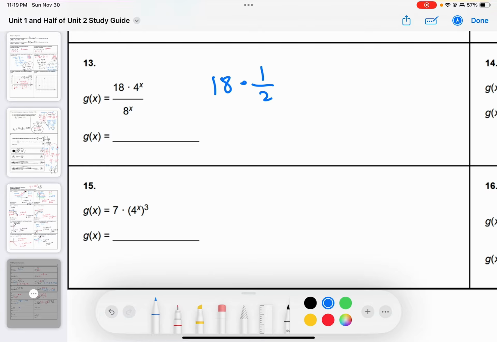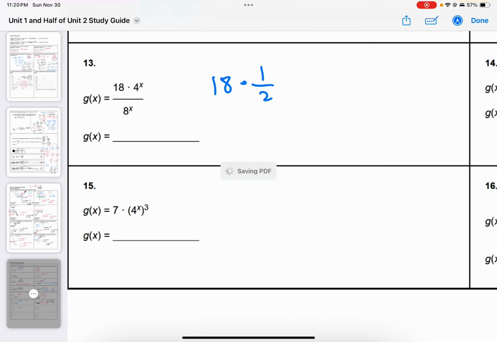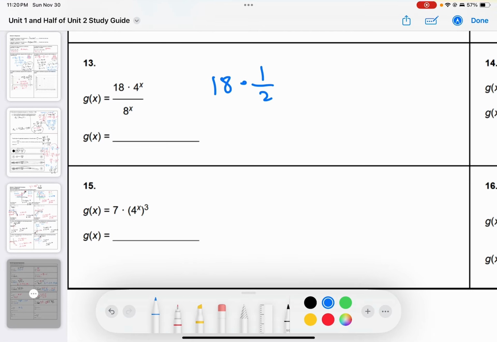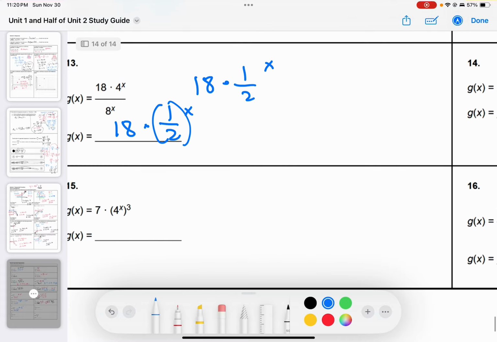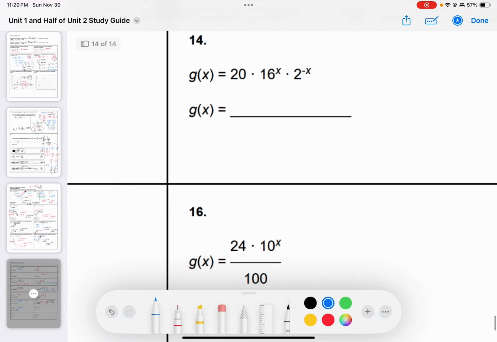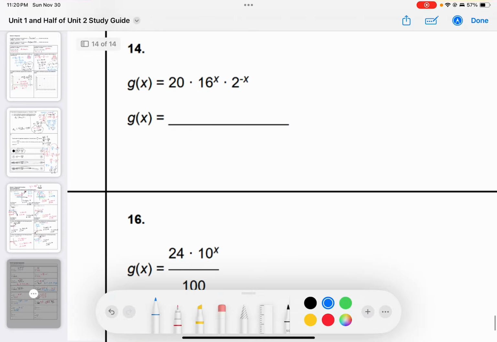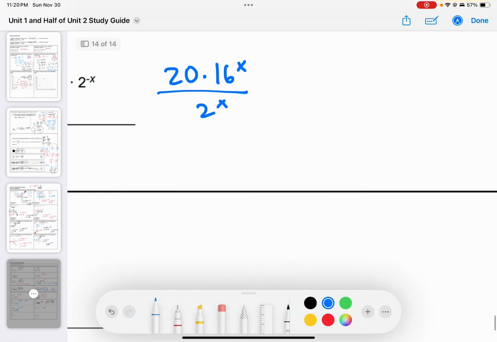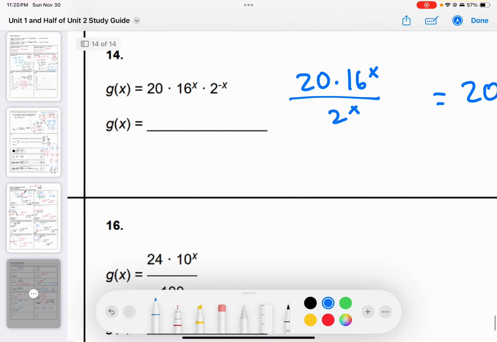So this becomes 1/2 to the x, because 4 divided by 8 is 1/2. This is written as 18 times 1/2 to the x. All right. We get 20 times 16 to the x over 2 to the x, because that moves down. So we get 20 times 8 to the x.